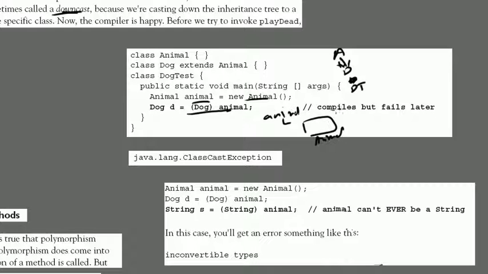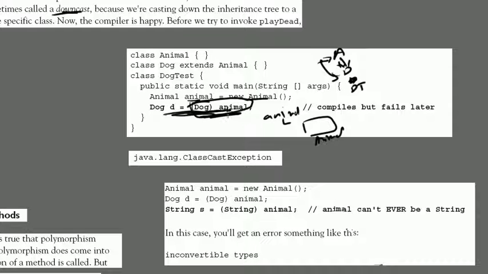It works fine at compile time because of the possibility that animal could also point to a dog class. So the compiler would ignore it, thinking about that possibility, and it would allow this. This is allowed because dog and animal are part of the hierarchy. That's the reason why the compiler would allow it in the first place.